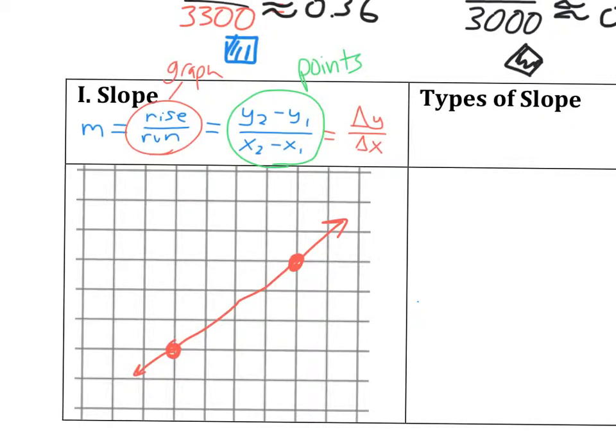So if I were to count, remember we start at 0 when we count, 0, 1, 2, 3. So this one goes up 3, and starting here, 0, 1, 2, 3, 4, and it goes right 4.